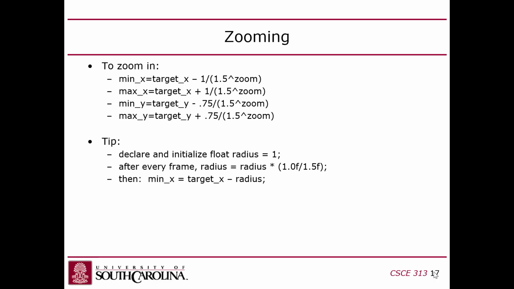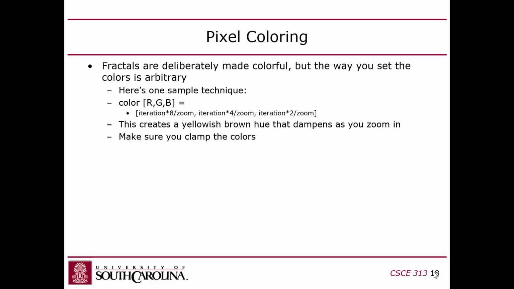Right? And so that way it'll keep that progression. It'll act like an accumulator. And then the radius is what you'll subtract from the target and add to the target to define the minimum and maximum values. Make sense? Okay. So that's all you got to do to zoom.